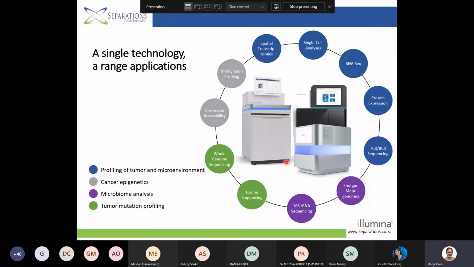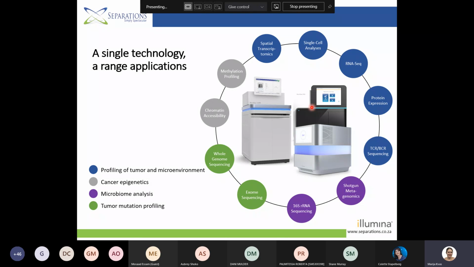And just to finish it off, I just want to show you that in the past 2 days, the previous week, and also today, we talked about many different applications, right? But it's all on one Illumina technology, utilizing those production scale systems, right?